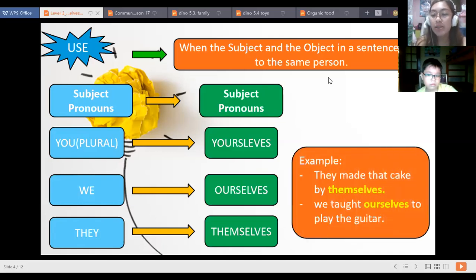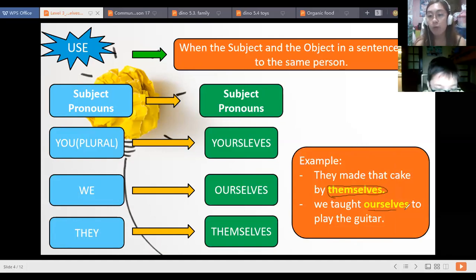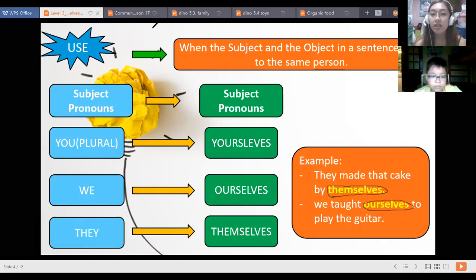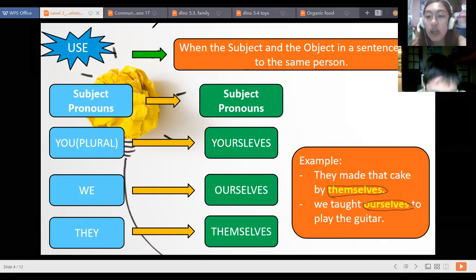For examples: They made that cake by themselves. We taught ourselves to play the guitar. Look, there is a reflexive pronoun there, themselves and ourselves. Again, Ken, the reflexive pronoun is used when the object and the subject in a sentence refer to the same person.